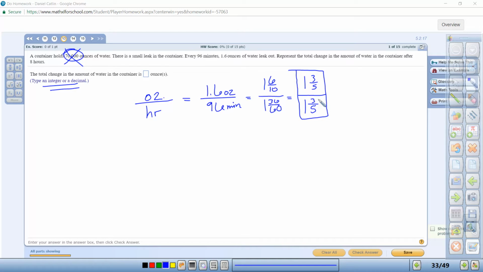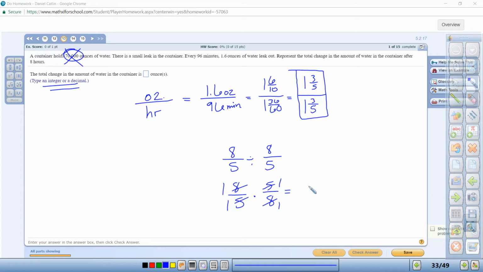You might have to do 1 times 5 plus 3 and get 8/5, and divide it by 1 times 3 plus 5, 8/5, and then do your keep change flip action like we've been talking about in class. But this one, for my sake, has turned out to be beautiful because this is just going to make 1, right? So what does that tell me?